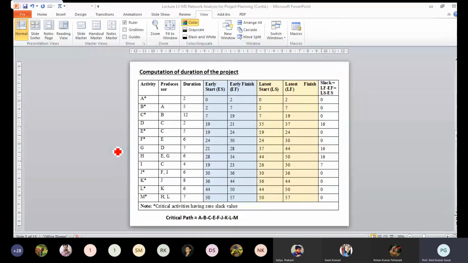For E, the earliest finish is 24, and for G, the earliest finish is 28. So which one is the maximum? The maximum value is 28. So after completion of 28 weeks, you can only start job H. That's why the earliest start is 28, and it is taking 6 weeks of time, so the finishing time is 34.